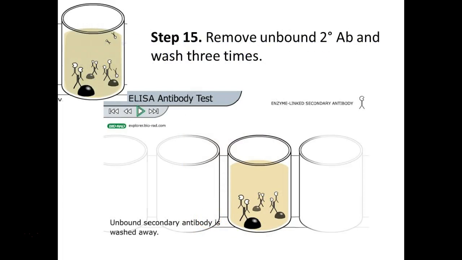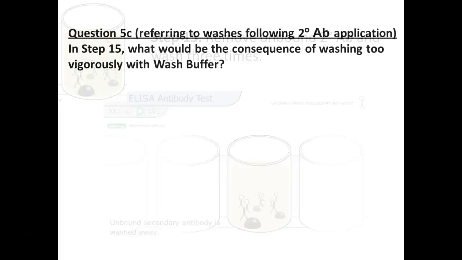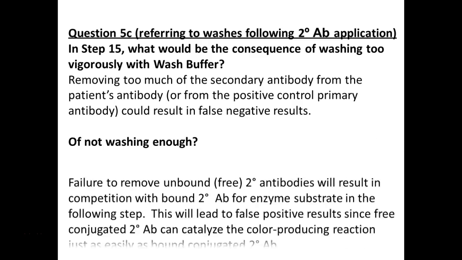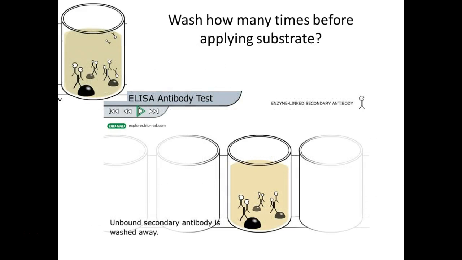We're going to wash 3 times the last time. The substrate is light sensitive, so I will give it to you once you've done your 3 washes. I will ask you, have you done your 3 washes? Then you can have your substrate. Once you add the substrate, literally within seconds, we'll get a color change. Again, we won't wash too much, but we need to wash enough. So how many times? 3 times.